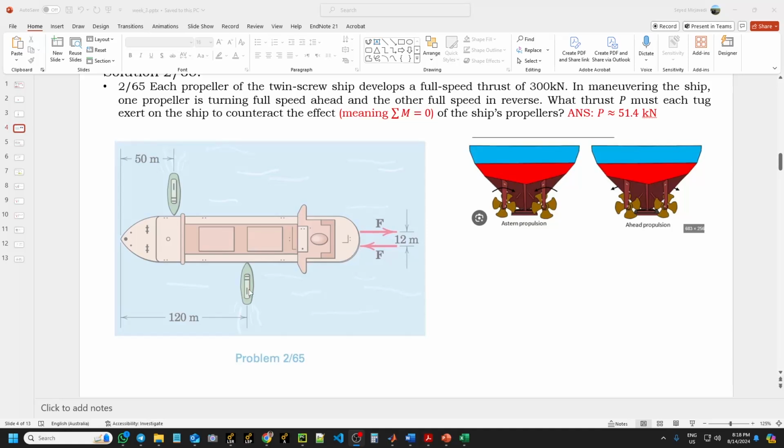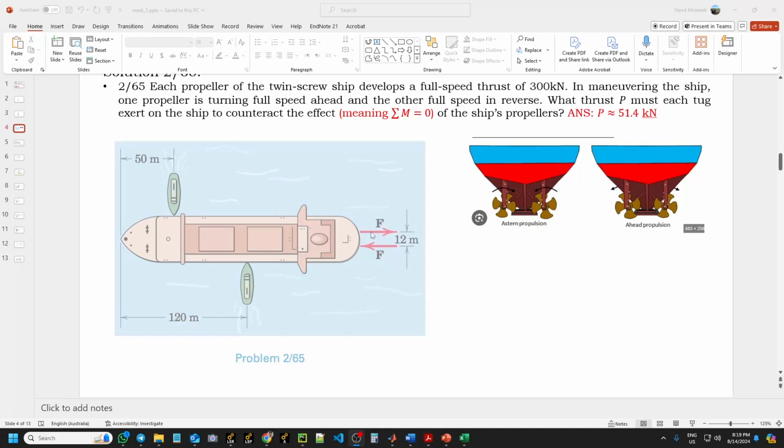Okay, now based on the point that I mentioned, when we see two forces that have the same magnitude and opposite directions and the lines of action are parallel, you have the distance. So the moment for this one will be 12, which is the distance, times F, which is 300 kilonewtons, and for kilo we just put 1000s.